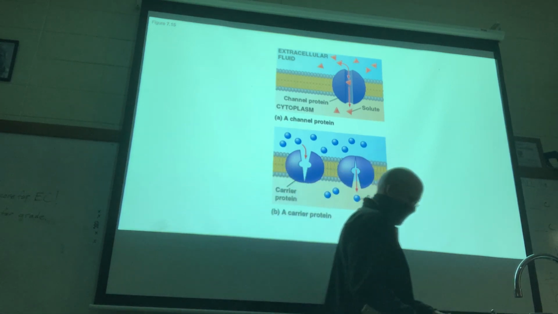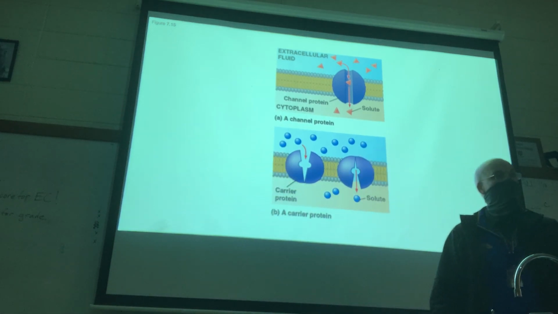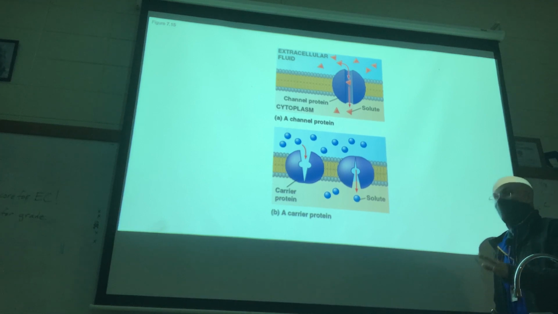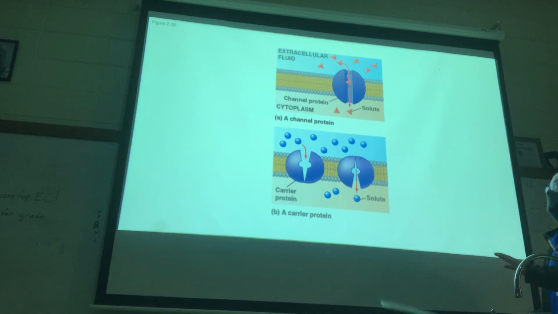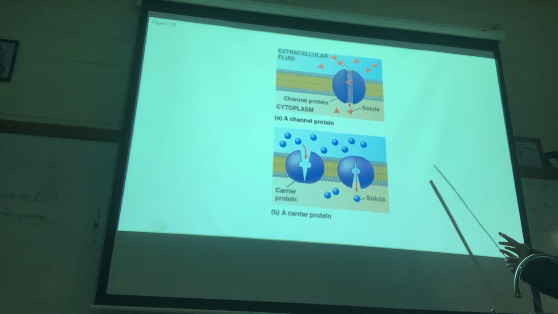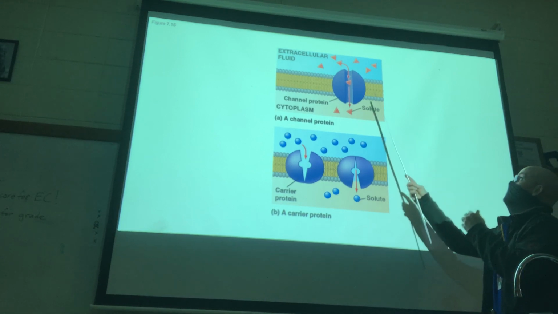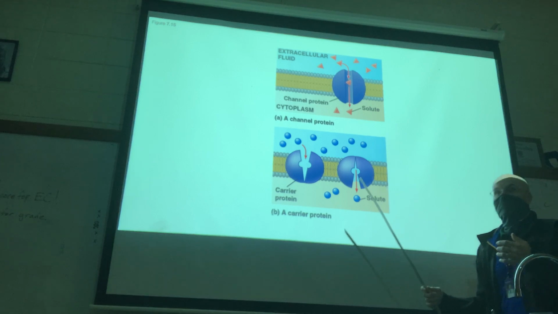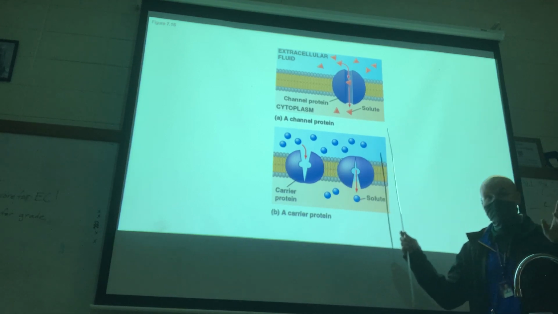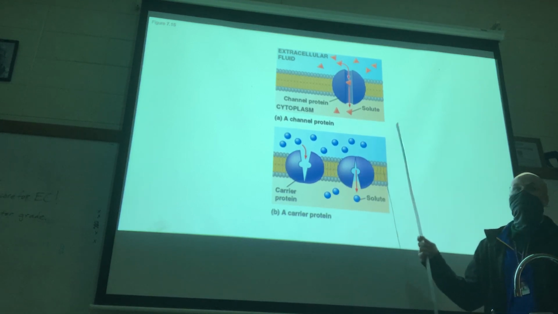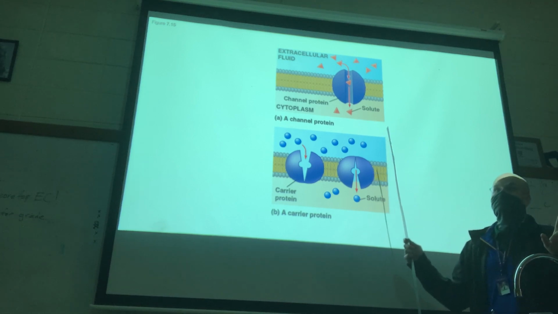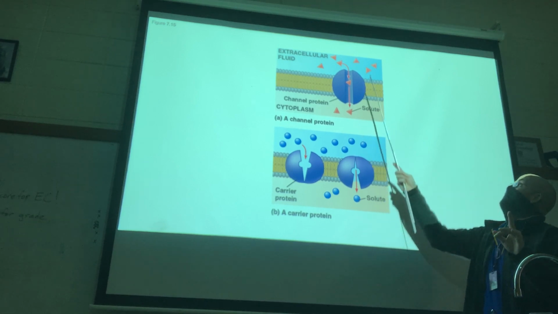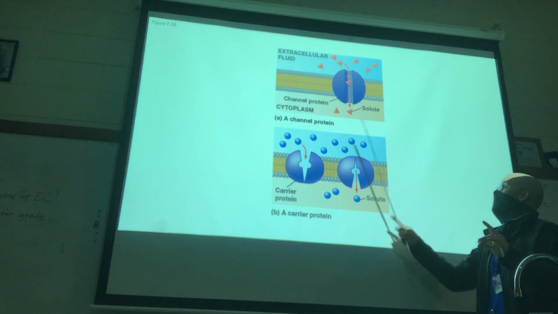So that was passive transport, simple diffusion. We're actually still on passive transport here, but what do we call it when we have a protein helping, but still from high to low?